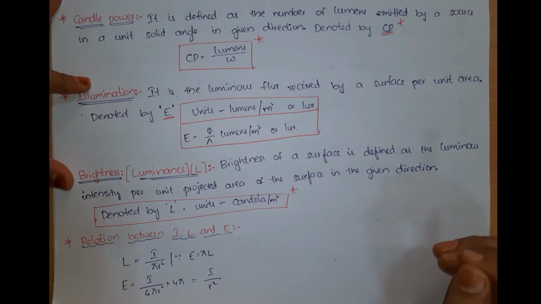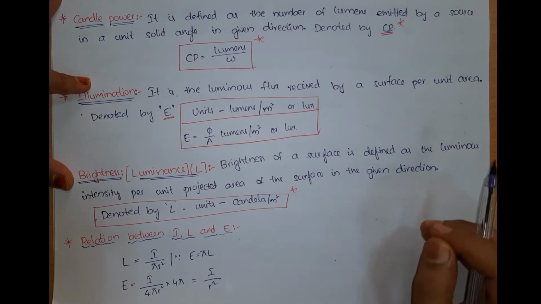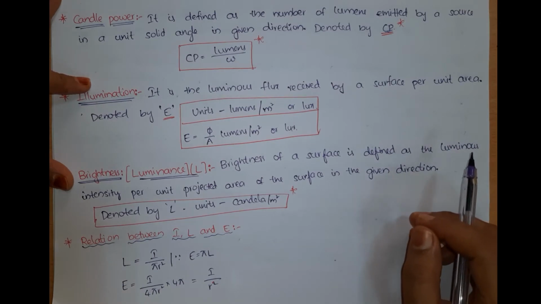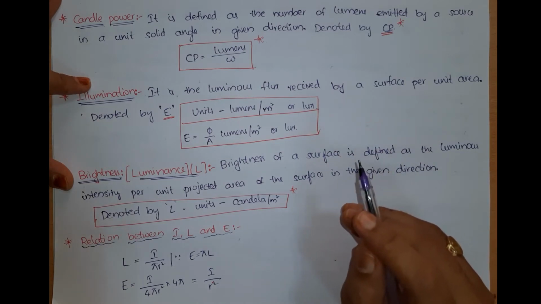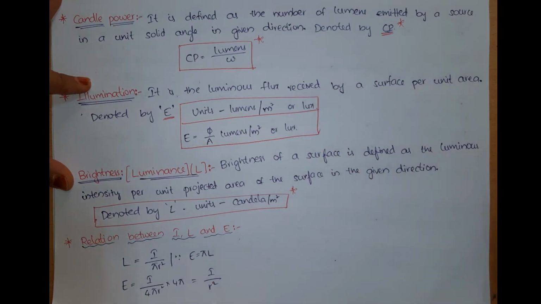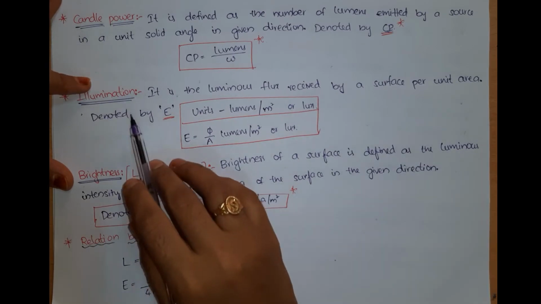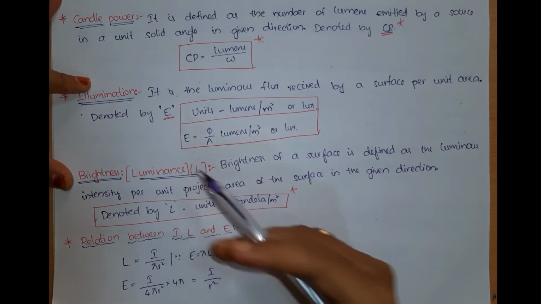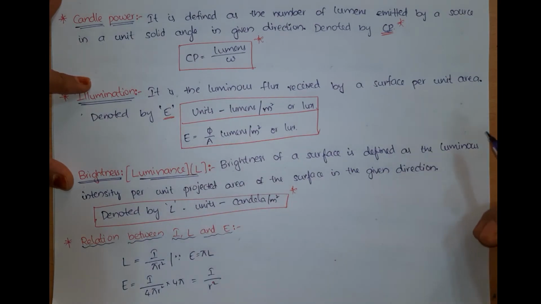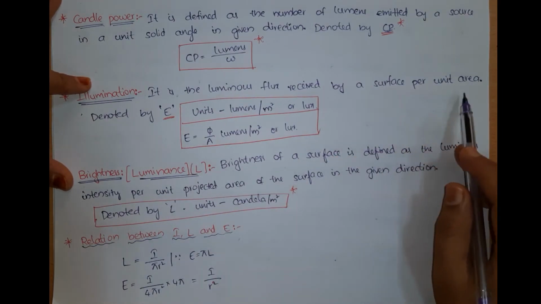Why does color come into the picture here? Different wavelengths of light give us color. When these different wavelengths are seen by our naked eyes as they reach the target, it is called illumination. As told here in terms of luminous flux, illumination is how much luminous flux is received by the surface, not emitted by the source, per unit area.